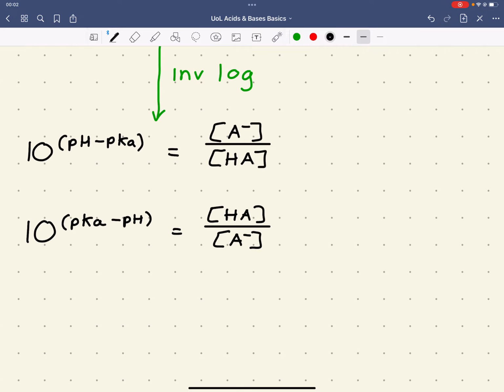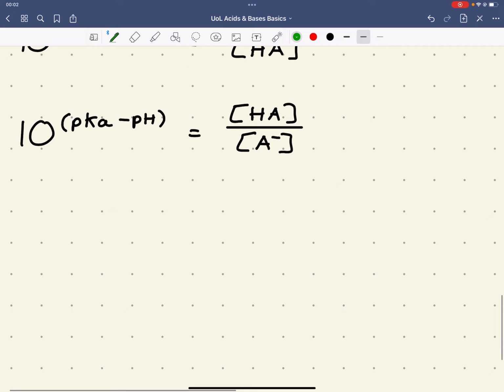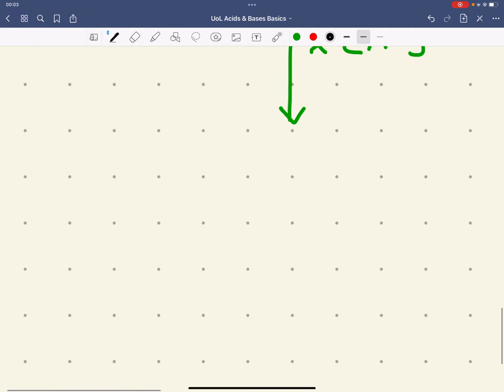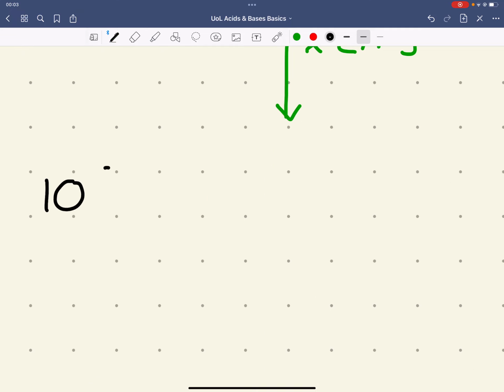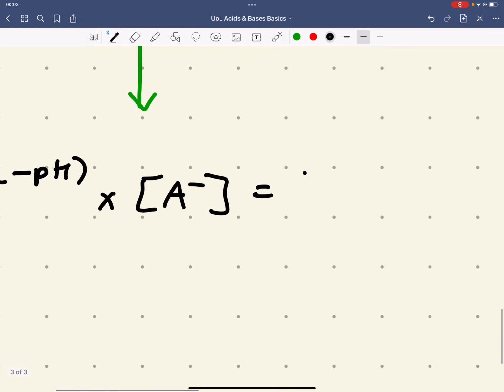What I'm now going to do is multiply both sides by A minus. And that will give me 10 to the pKa minus pH times the concentration of A minus. And that gives me the concentration of HA.